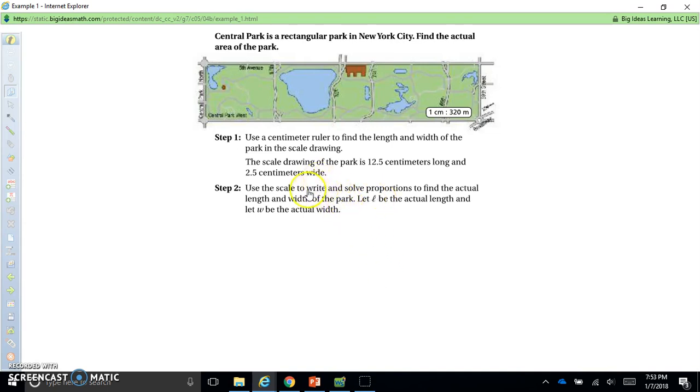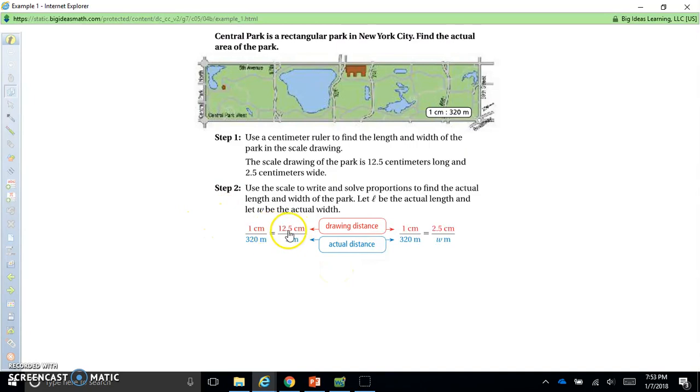So we're going to use the scale to write proportions, and we're going to let L be the actual length and W be the actual width. Here's our scale, and here are the length of the park and the width, so we separated them into two different proportions to multiply them together in the end.